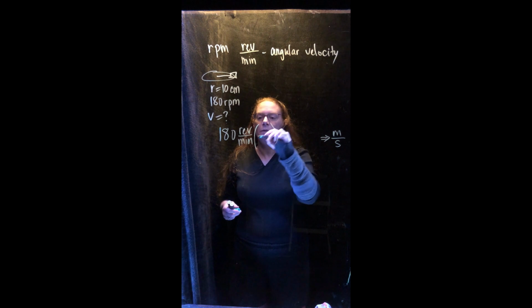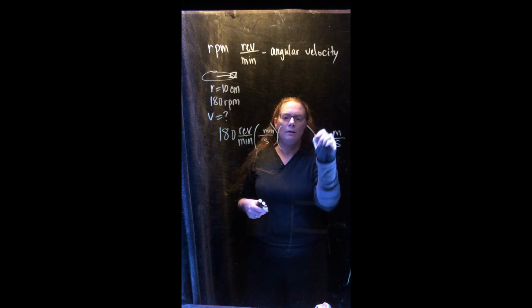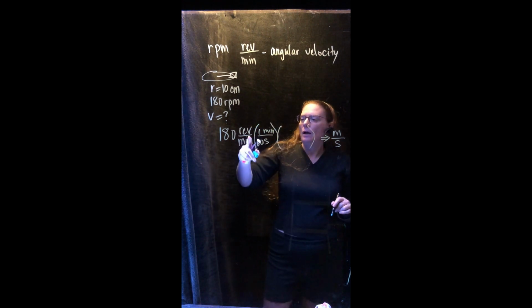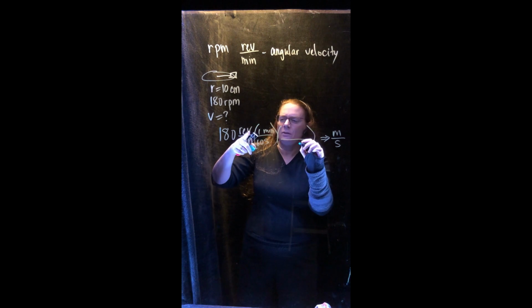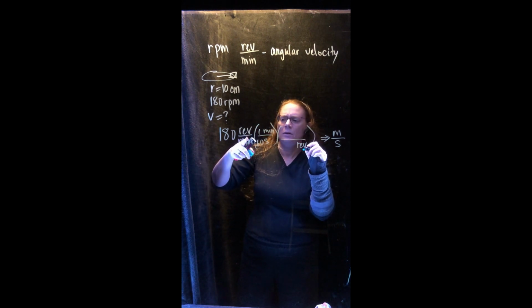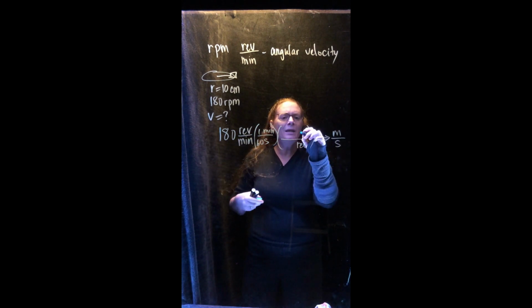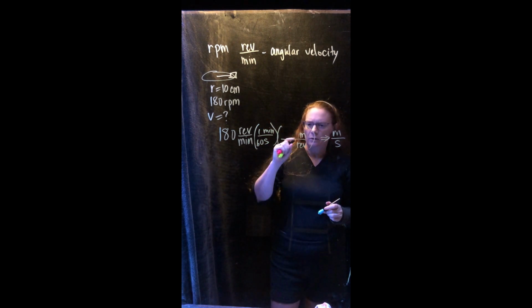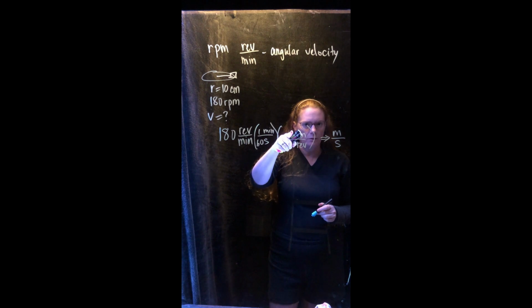I want to get rid of the minutes, so that goes on top. Seconds will be on bottom. So 1 minute is 60 seconds. And then the harder part. I need to get rid of the revolutions, so that's going to be on the bottom. And I need to end up with meters on top. How do we convert a revolution into meters?